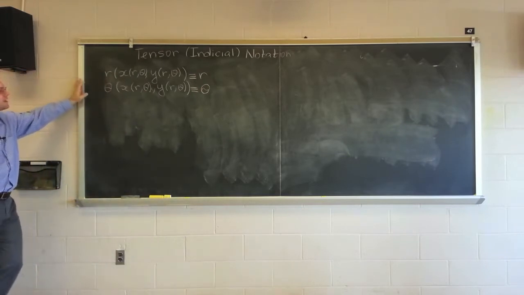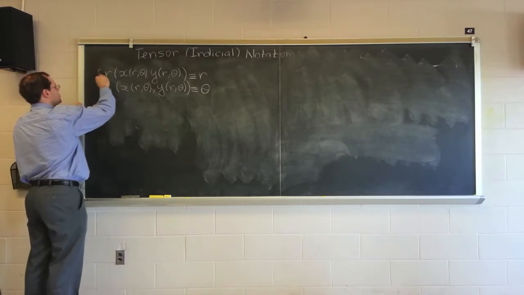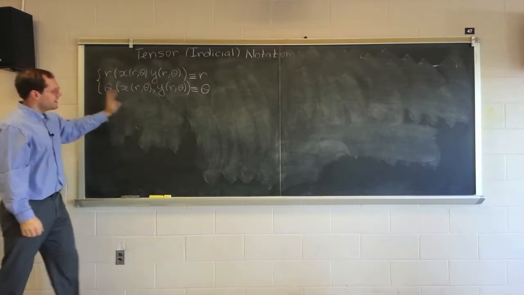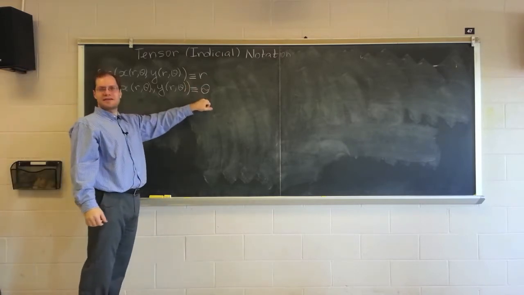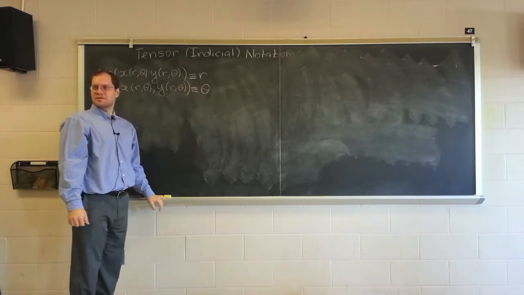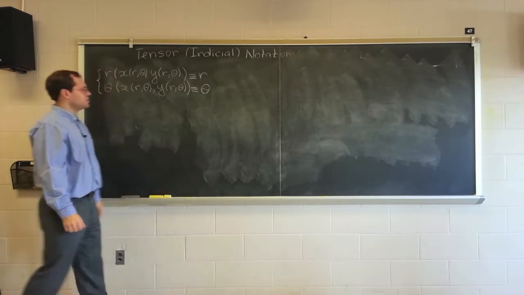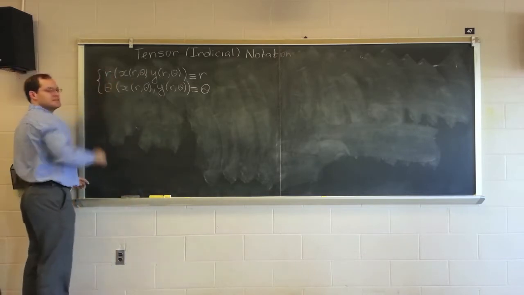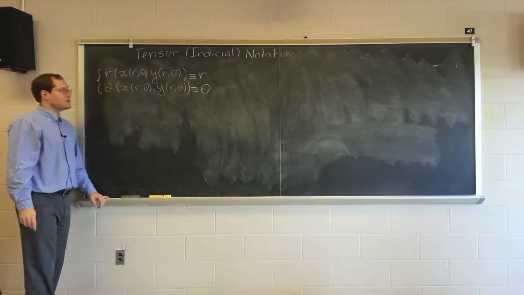Because these two identities are in fact identities in terms of r and theta, they can be differentiated with respect to r and theta. Let's see how far we want to go with this. Let's differentiate the first one with respect to r.